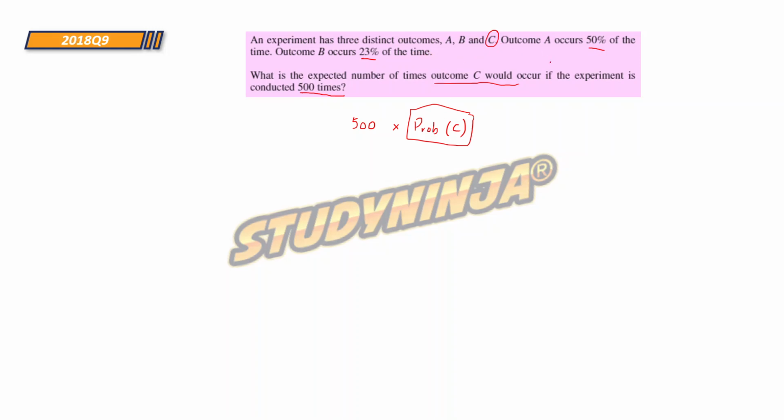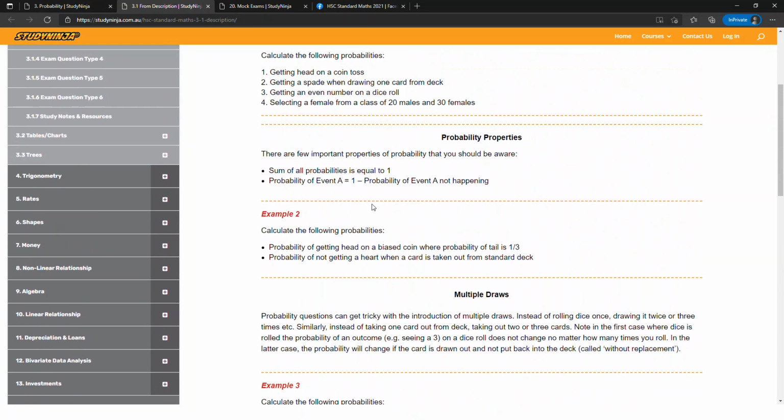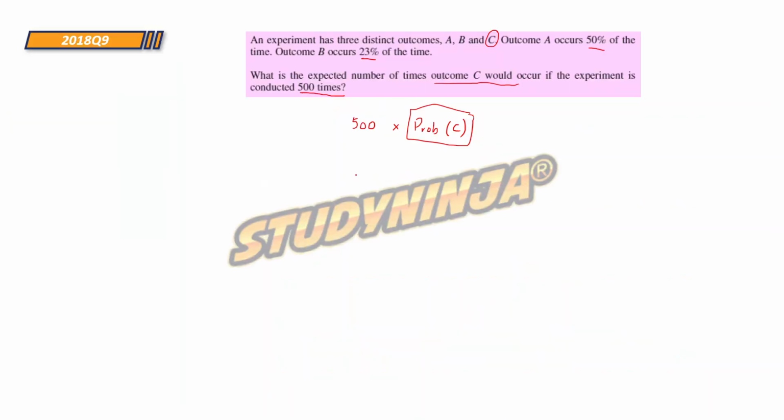For that, you need to know one of the basic properties of probability. If you go back to my notes here, one of the basic properties of probability is that the sum of all probabilities equals 1. So if there are 3 outcomes, then the sum of all of them should equal 1.